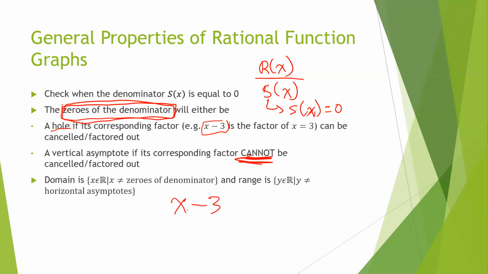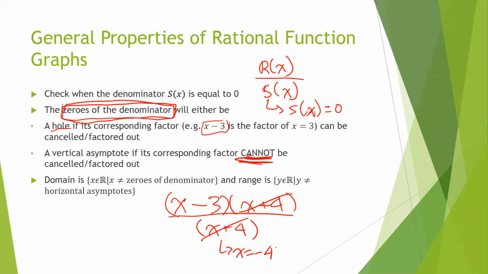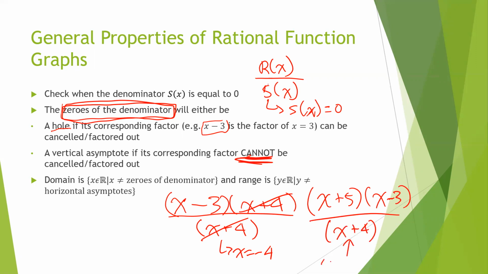If I have something like x minus 3 times x plus 4, over x plus 4, this means that you have a hole at x equal to -4, right? But if I give you something like x plus 5 times x minus 3, divided by x plus 4, this is still an undefined spot.